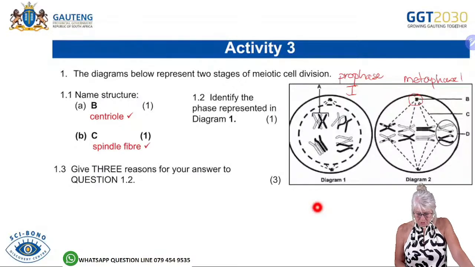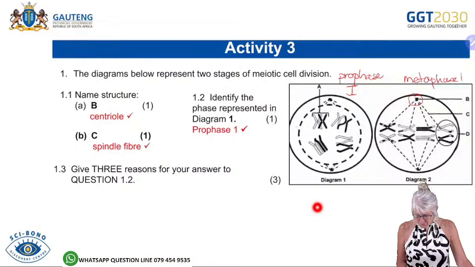And then the next question, they say identify the phase represented in diagram 1, which we did, and we said it's prophase 1. Then the next question, they say give 3 reasons for your answer to question 1.2. So why did we say that it's prophase 1? First of all, we can see that the chromosomes are arranged in homologous pairs.